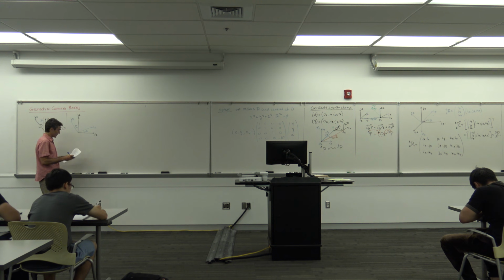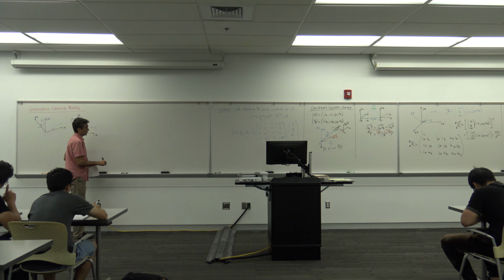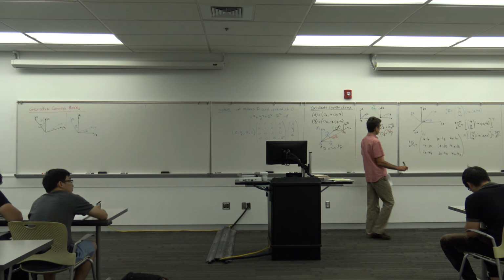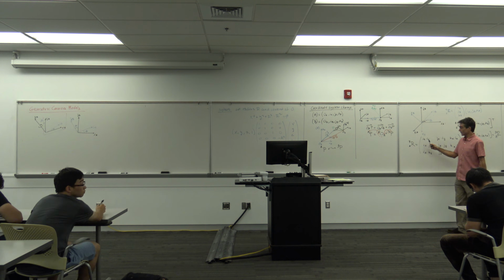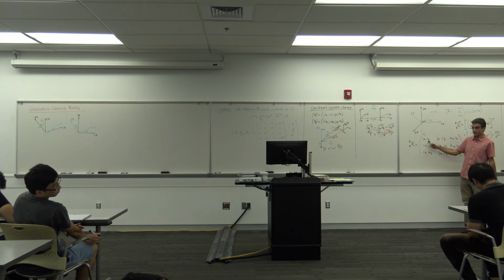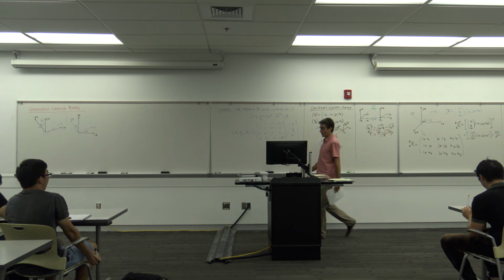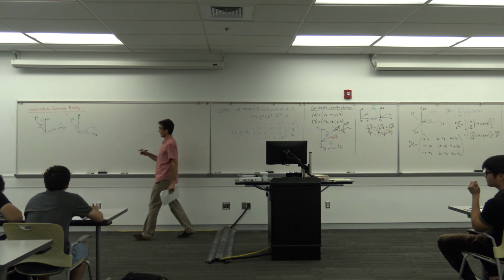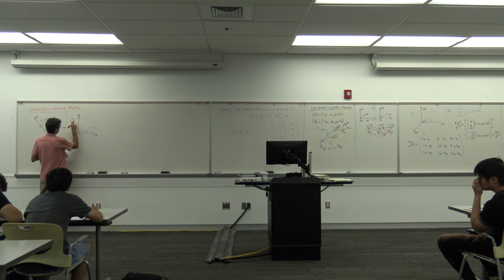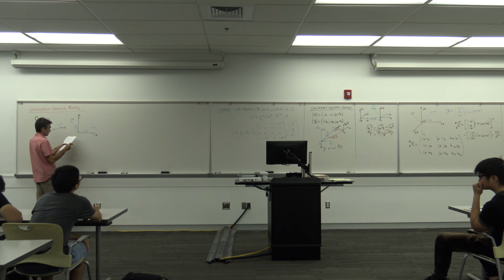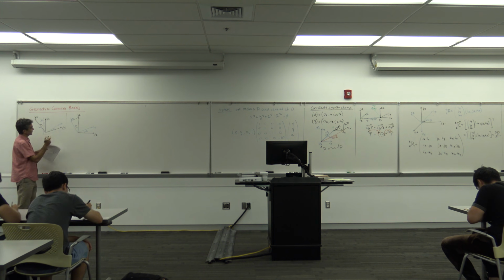Now, when I apply this equation here, what am I doing? I'm projecting one on top of the other. So if I want to represent JA onto JB, I'm going to get this projection.